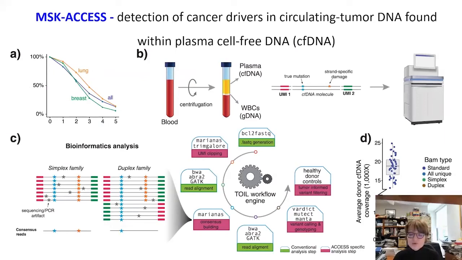And this particular platform sequences 129 genes, as well as detects structural variation in 10 genes, mainly for the kinase fusions. Unfortunately, this does not look for the EHE translocations.